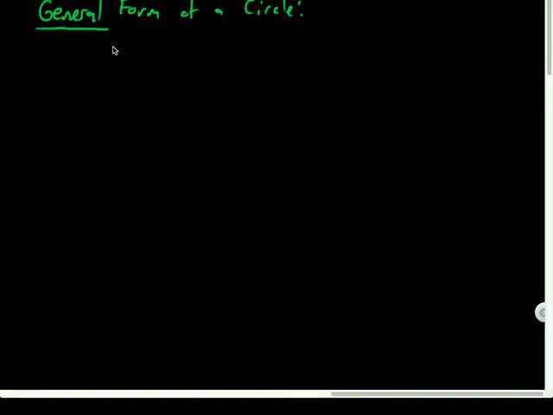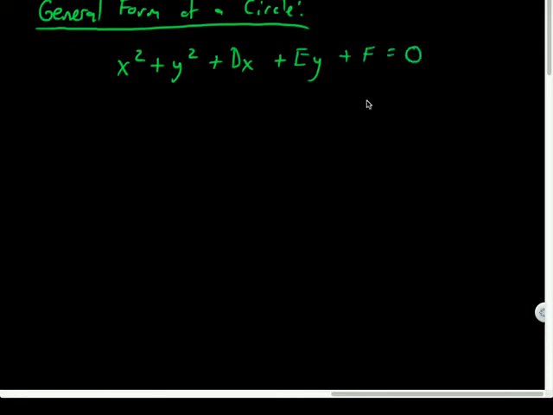General form of a circle is not as helpful, sadly, but it is the following. It's x squared plus y squared plus Dx plus Ey, those are capital D and E, plus F equals 0.